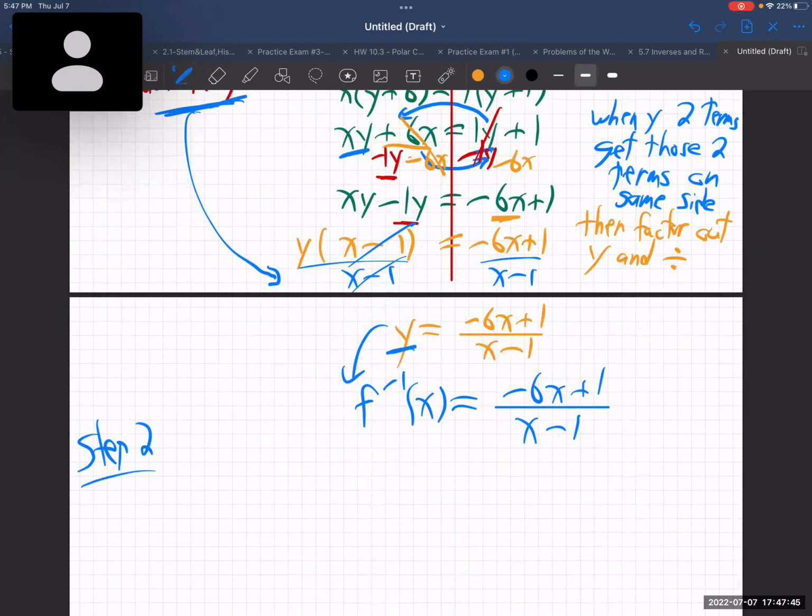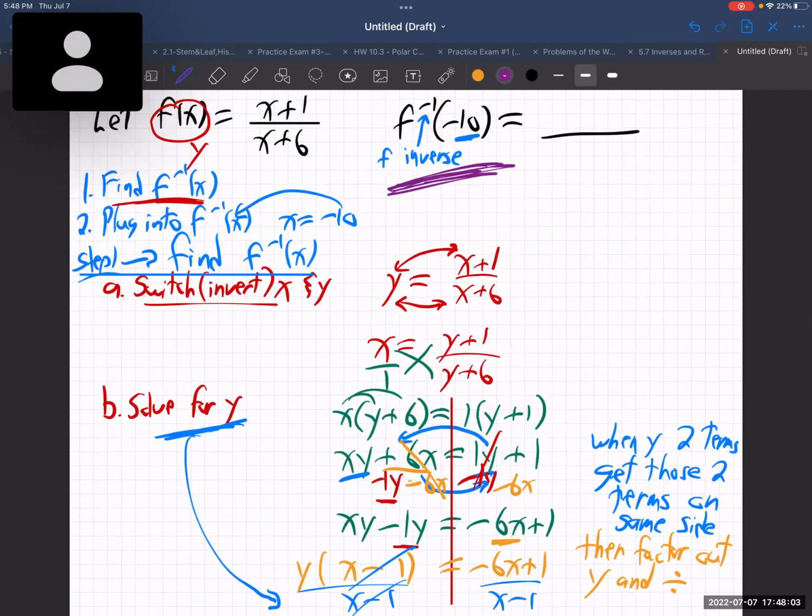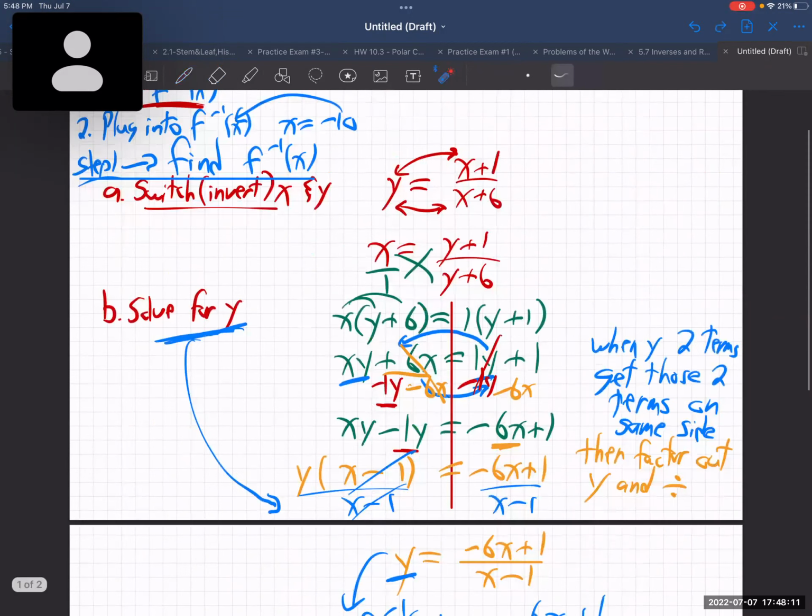Okay, so now step 2. Because what do they want us to actually do? Plug in x equals negative 10. Because in order to find f inverse of negative 10, that was the original question, right? Right up here, find f inverse of negative 10. So we found the f inverse function.